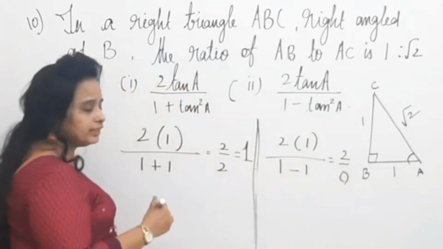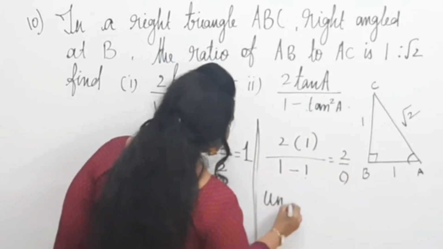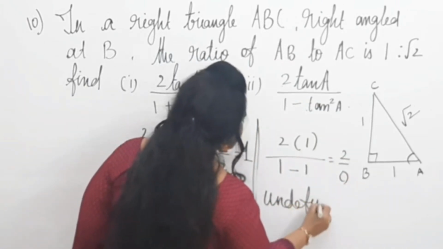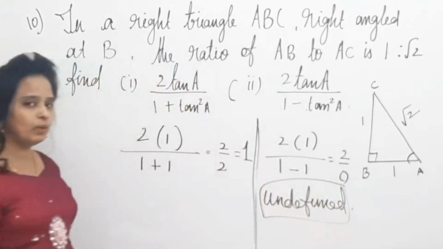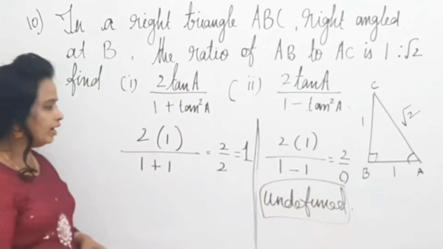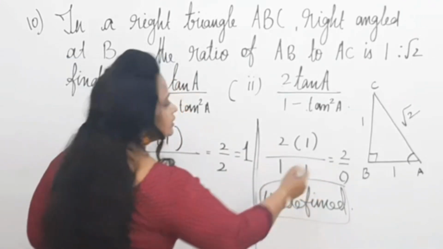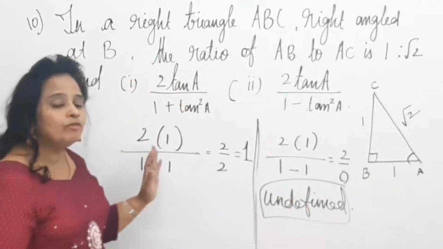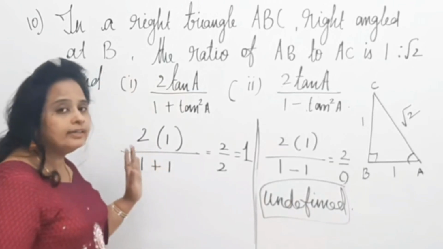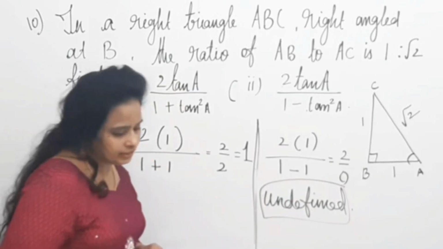When 0 comes in the denominator, it is undefined. You have studied in the angles value table, the undefined concept. So this is undefined. Hope everyone understood how the values come under this kind of questions.